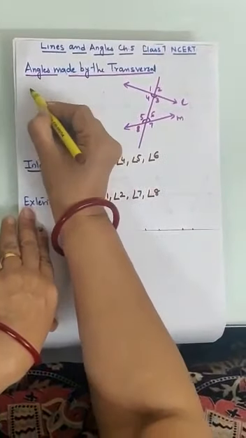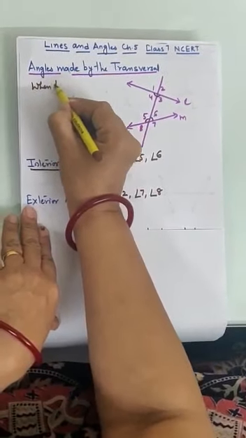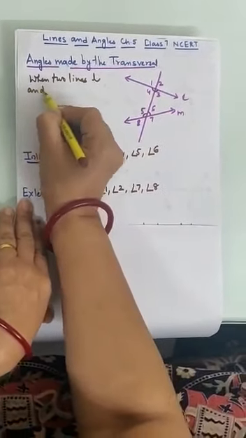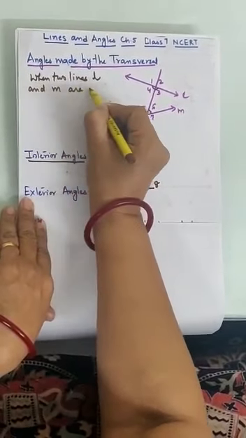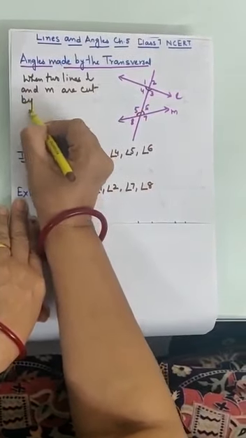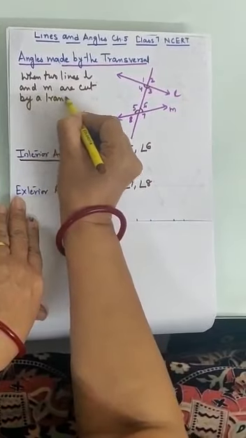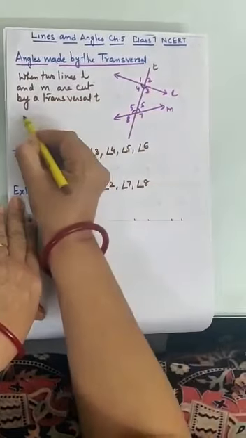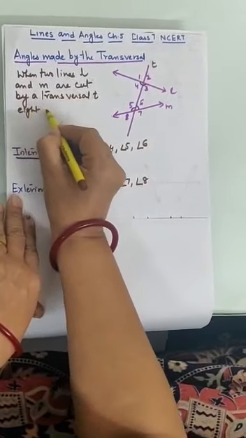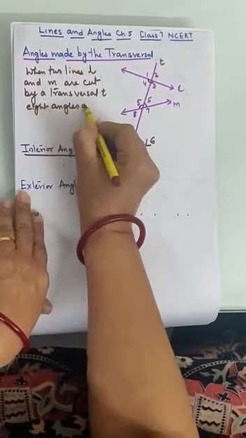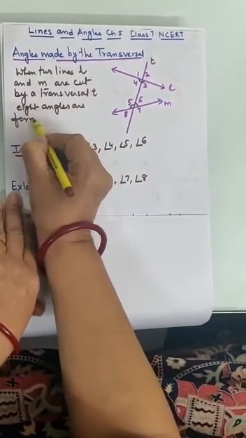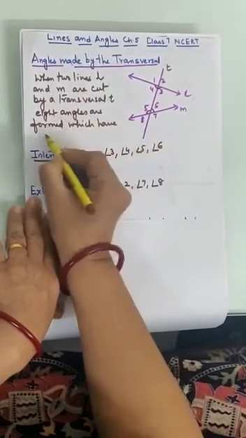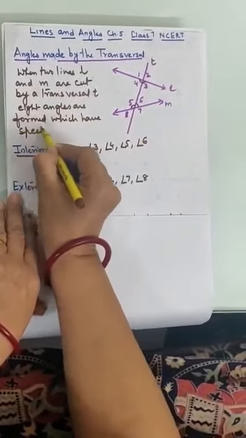So we'll write here, when two lines L and M are cut by a transversal T, 8 angles are formed which have special names.